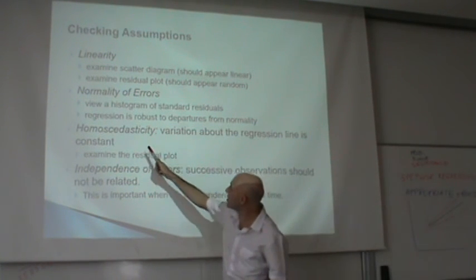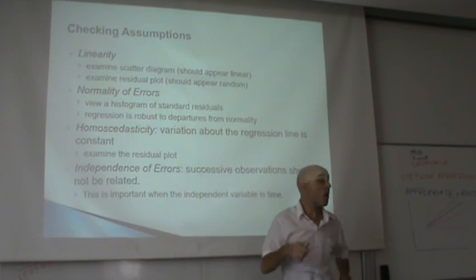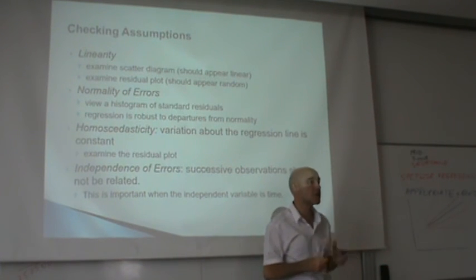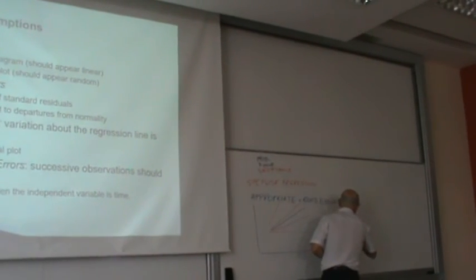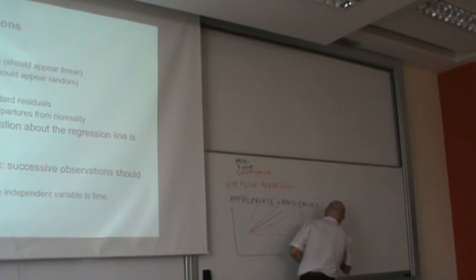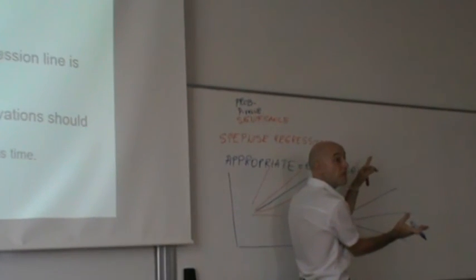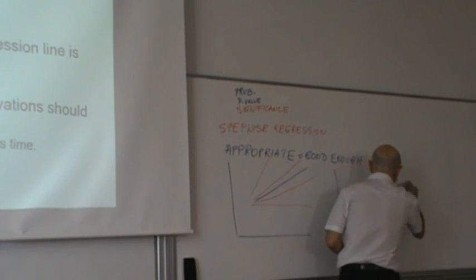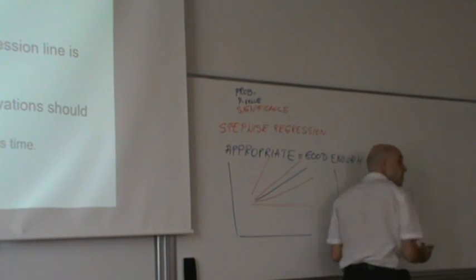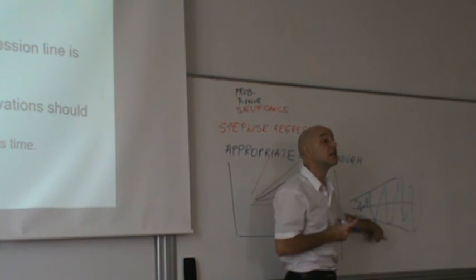Homoscedasticity means that the variance of the residuals must be constant. So when you plot the residuals, they don't look like a funnel. So these are the residuals over here, and it's an opening funnel. So the residuals shouldn't be getting bigger and bigger with X.